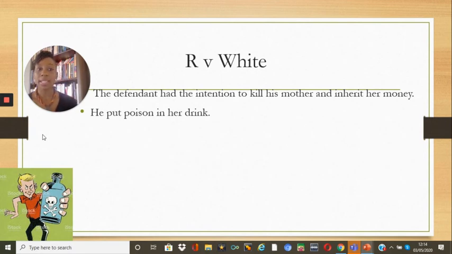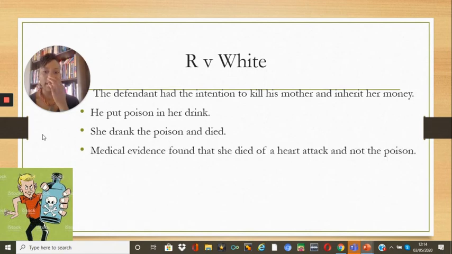He has poison. Why does he have poison? Because he had the intention to kill his mother and inherit her money. And he had the intention to use the poison, which he has in his hand at present, to kill his mother. He put the poison in a drink, and the mother drank the poison and she died.